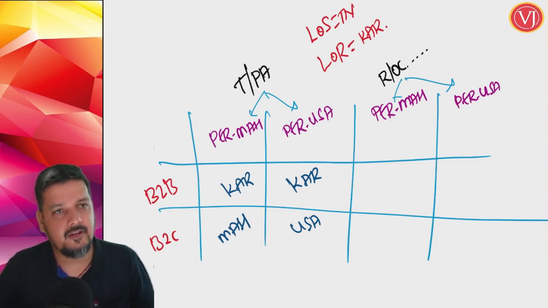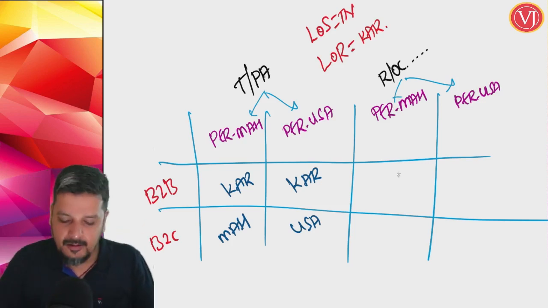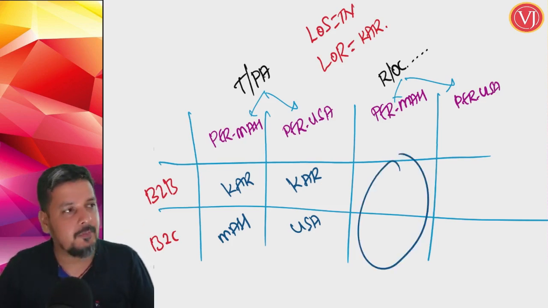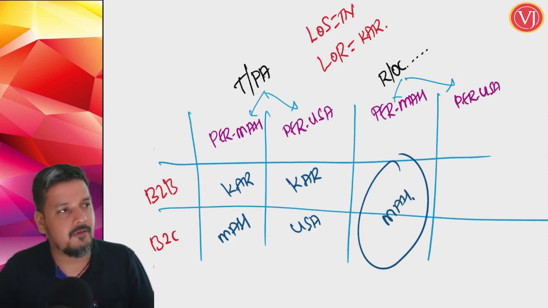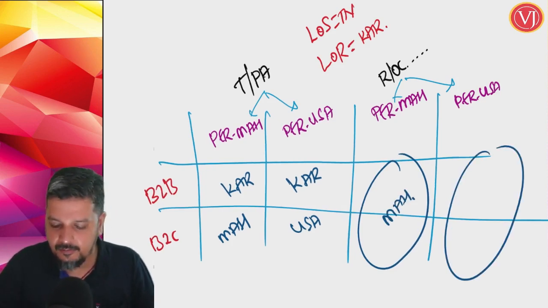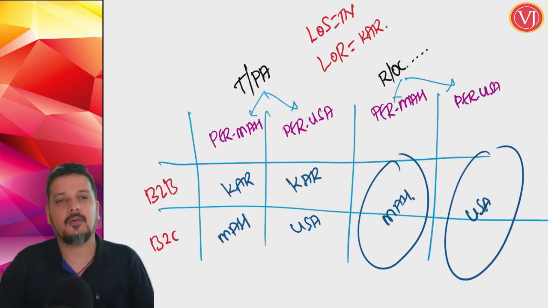But if it is restaurant, outdoor catering, personal grooming, fitness, etc., then B2B or B2C is not relevant. Whether it is B2B or B2C, location of performance, Maharashtra. Whether it is B2B or B2C, USA.